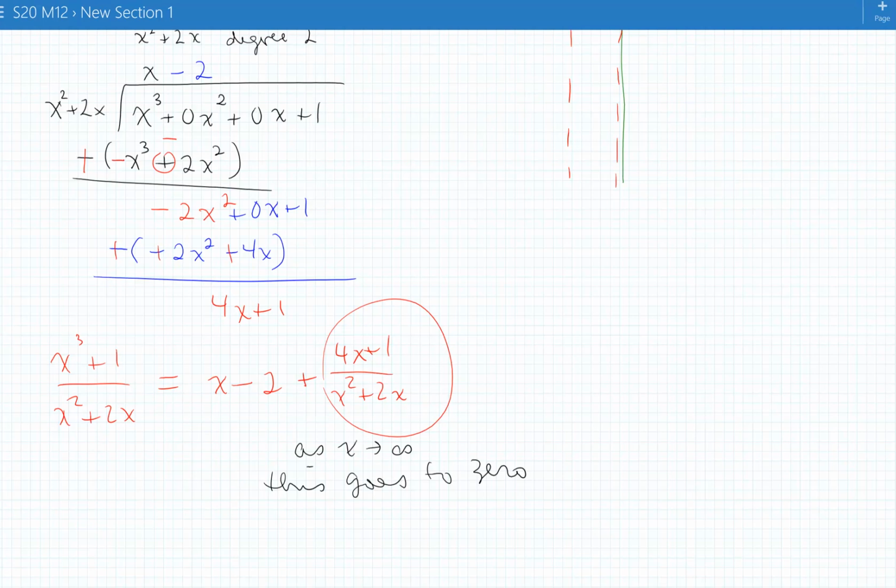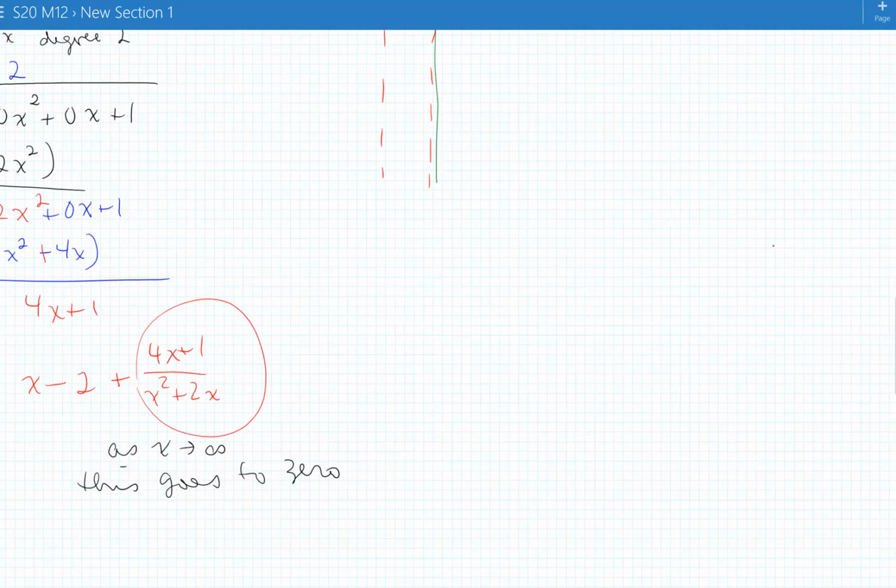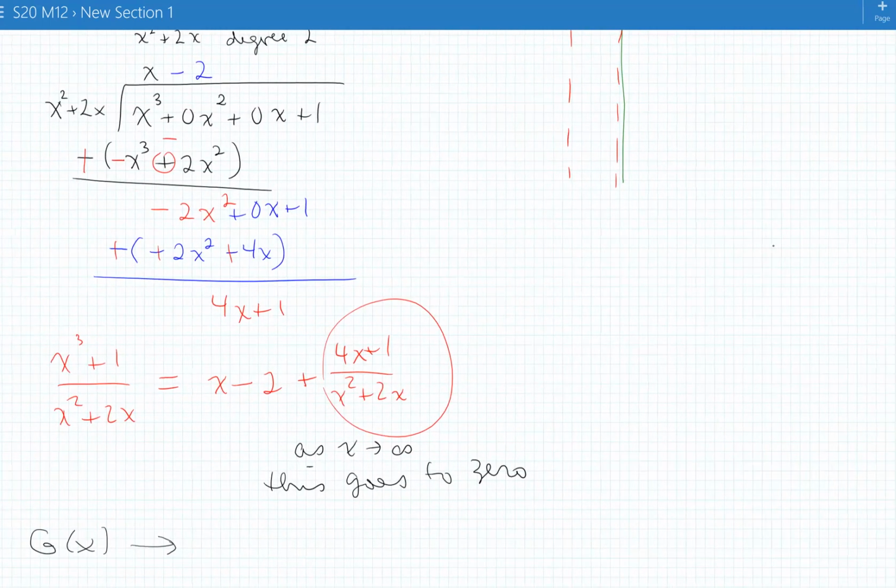So as x gets really, really large, imagine it's like 4 million over 4 million squared, and that's getting closer and closer to 0. So g of x is getting closer and closer to y equals x minus 2 as x goes to infinity. So this is the oblique or slant asymptote.